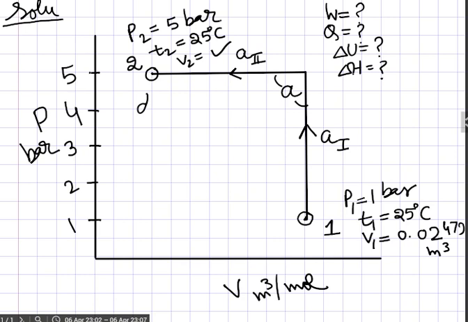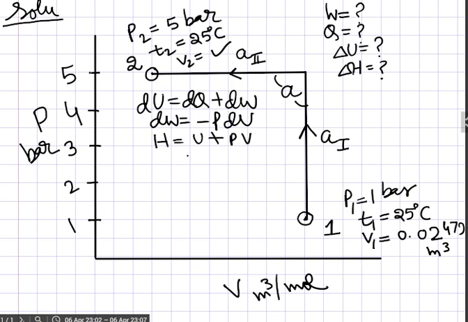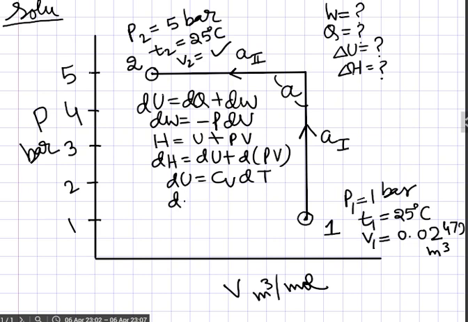For example, the first law of thermodynamics was formula number 1, and for work we will use the second formula, this. The third formula was for enthalpy, H = U + PV, and the fourth was the change in enthalpy. The next important formulas were dU = Cv dT and dH = Cp dT, and all these formulas are for an ideal gas.